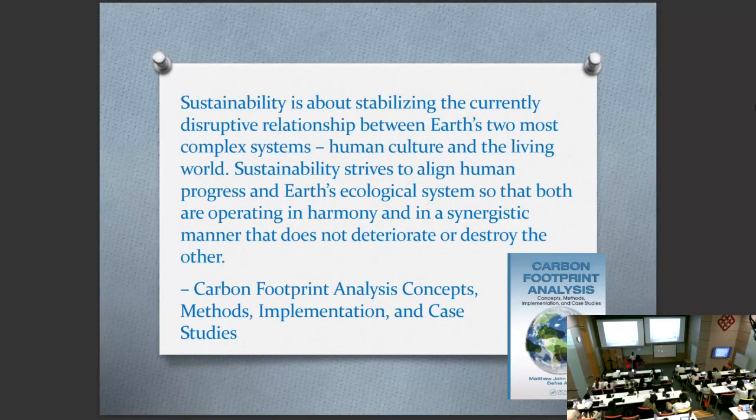Sustainability strives to align human progress and Earth's ecological system so that both are operating in harmony and in a synergistic manner that does not deteriorate or destroy the other. I think it is similar to the definition that we have studied earlier: the environment, human progress, so social needs, and also the economic development.